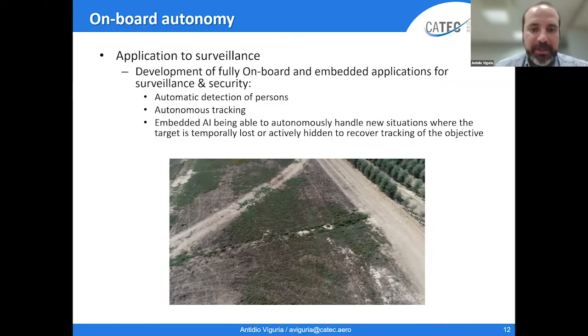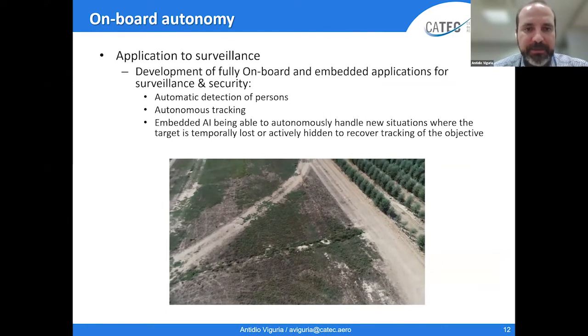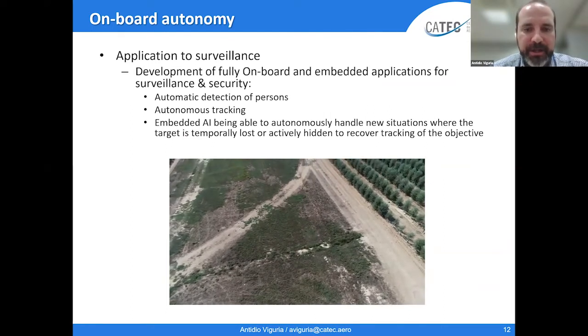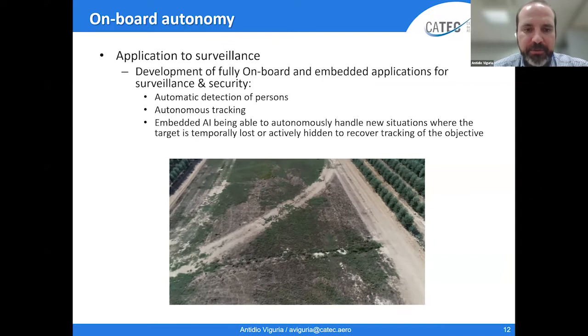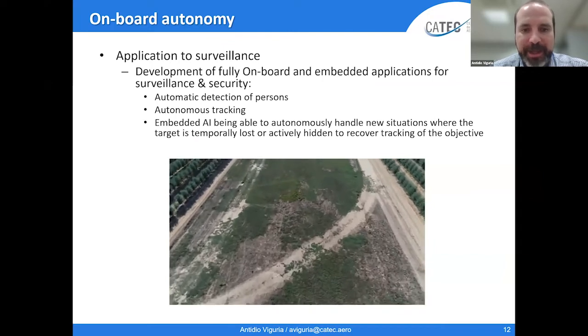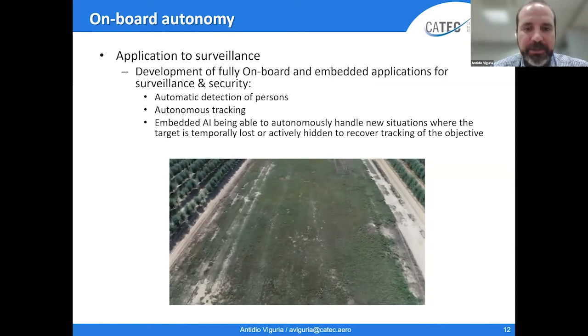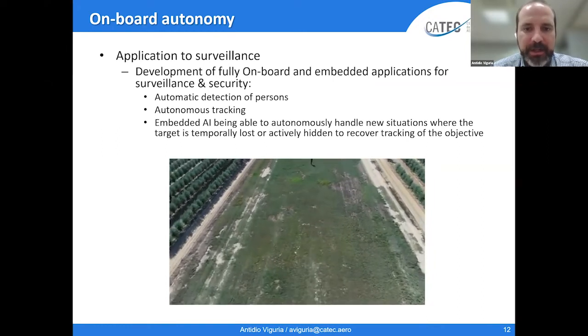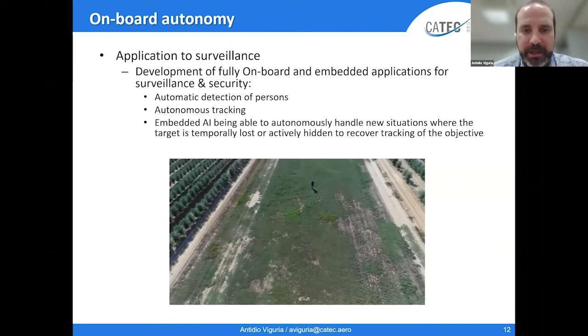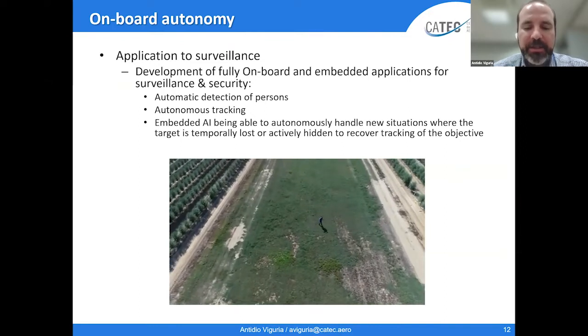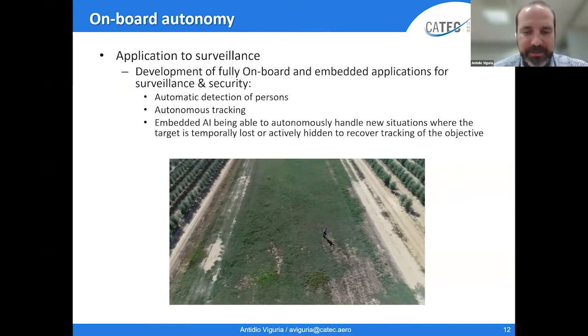Also, for example, here there is an application on surveillance, where you can have a drone that is able to automatically survey an area, and when it finds a person or an objective, it can automatically change its mission without any intervention of the human and start tracking it.